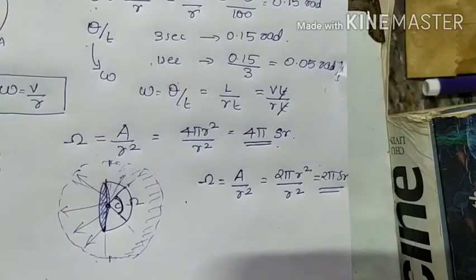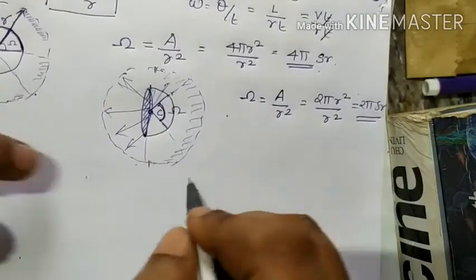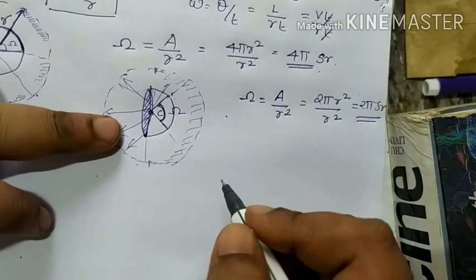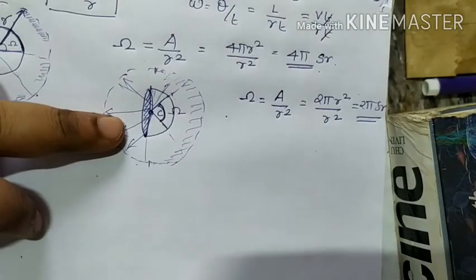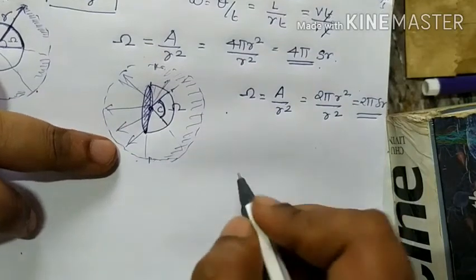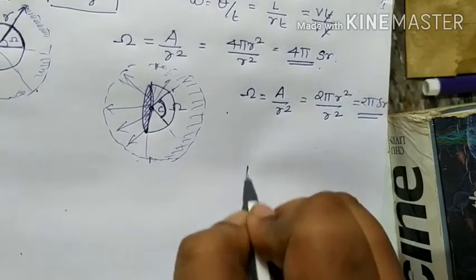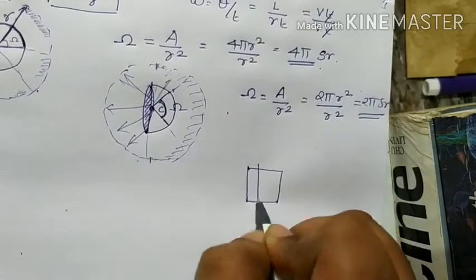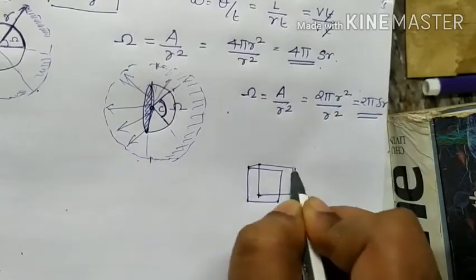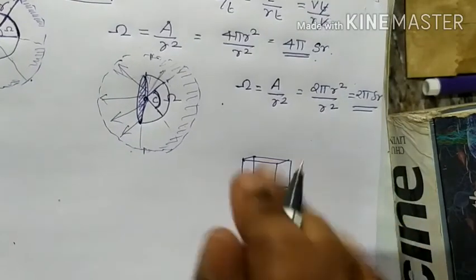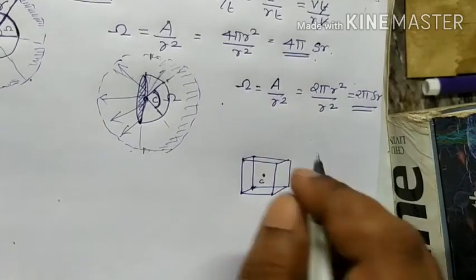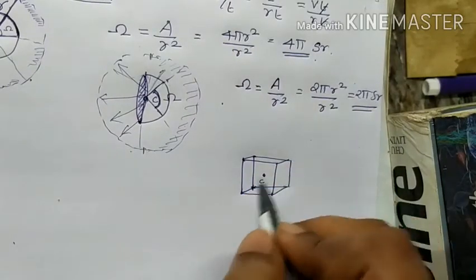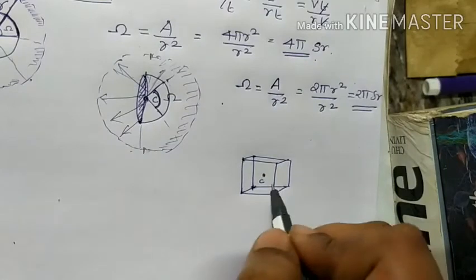Clear? Now again I am going to change the question. In place of sphere or hemisphere, we are going to replace it with a cube. This is our cube. Sorry guys if it doesn't look like a cube. And this is the center, C. Again your question is, what is the angle subtended by the cube at the center?